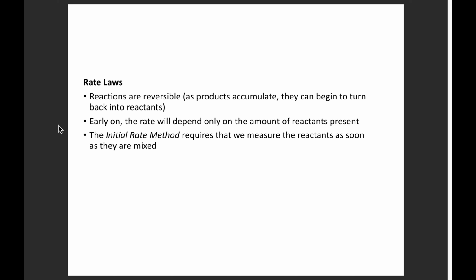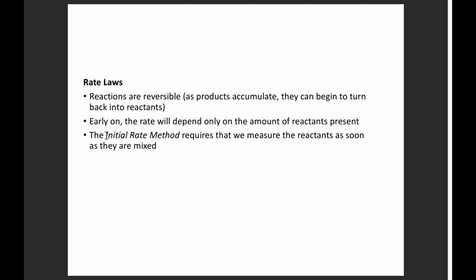In any case, last video we talked about reactions and how they are reversible. We'll talk about that again a little bit later, but many reactions are reversible in general, and as you make the products, they can then react again to turn around and make the reactants, so it can kind of reverse the process. But in any case, we're going to focus only on the reactants of any particular chemical reaction because we're going to use what's called the initial rate method.